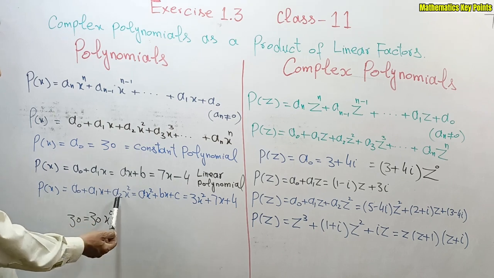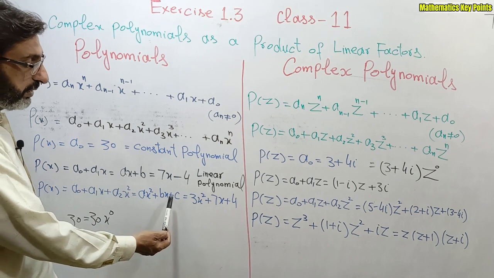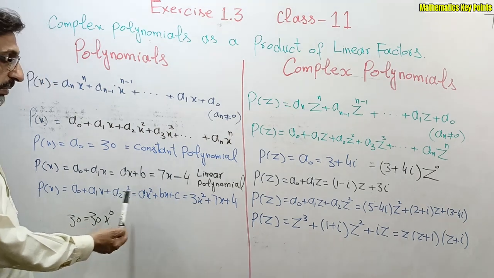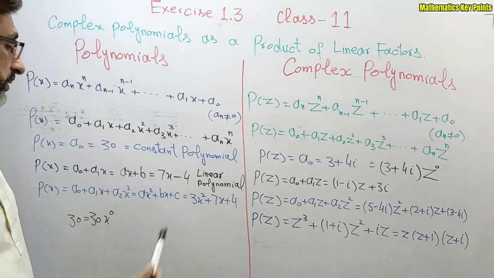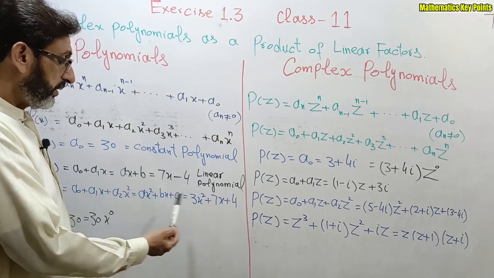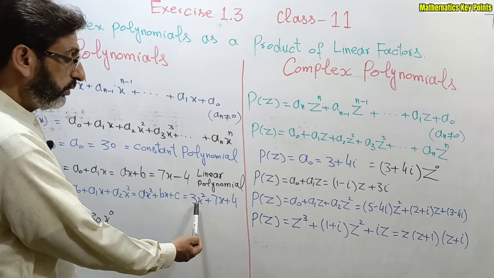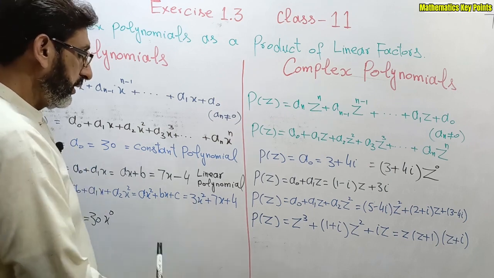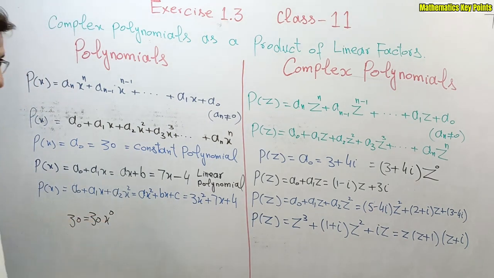It is called a quadratic polynomial. Its general form is ax square plus bx plus c. Here a0, a1, a2 are real numbers. In the same way, a, b, c are also real numbers, rational numbers, irrational numbers, etc. This is an example of a polynomial of degree 2. We also say it is a quadratic polynomial. In the same way, if the degree is 3, we will say cubic polynomial.